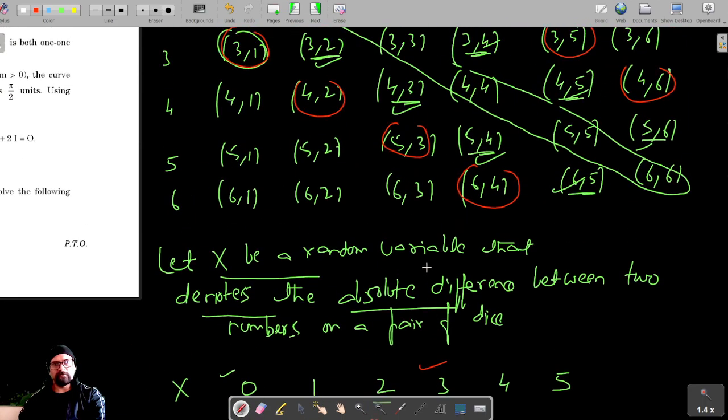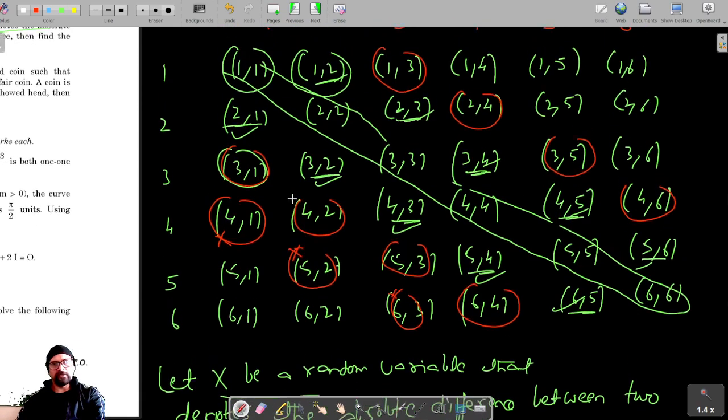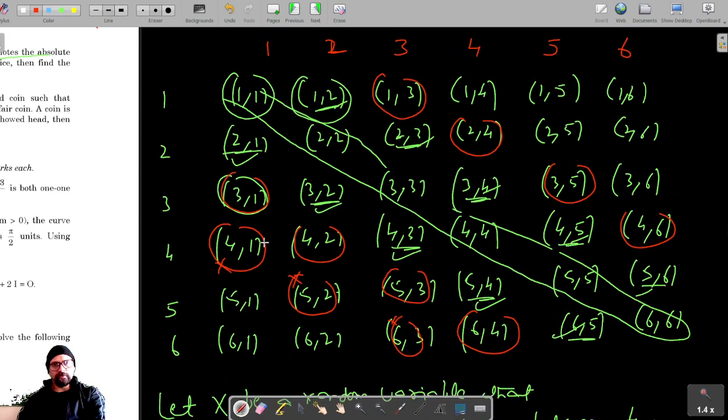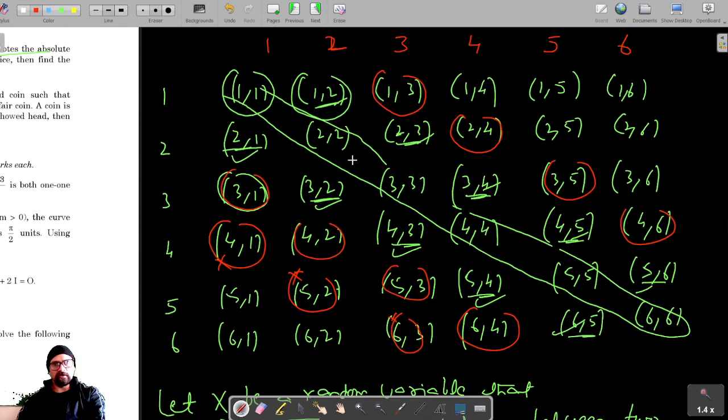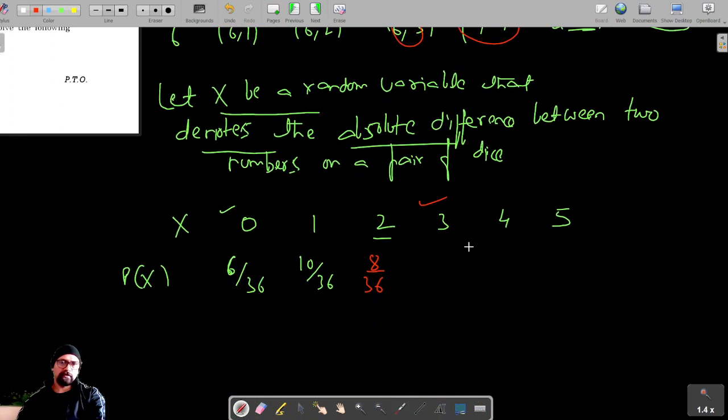Now the absolute difference for 3 is on these numbers: 4,1; 5,2; and 6,3, and the numbers change when we change their order, so 1,4; 2,5; and 3,6, which is 6 outcomes. So this is 6 by 36.